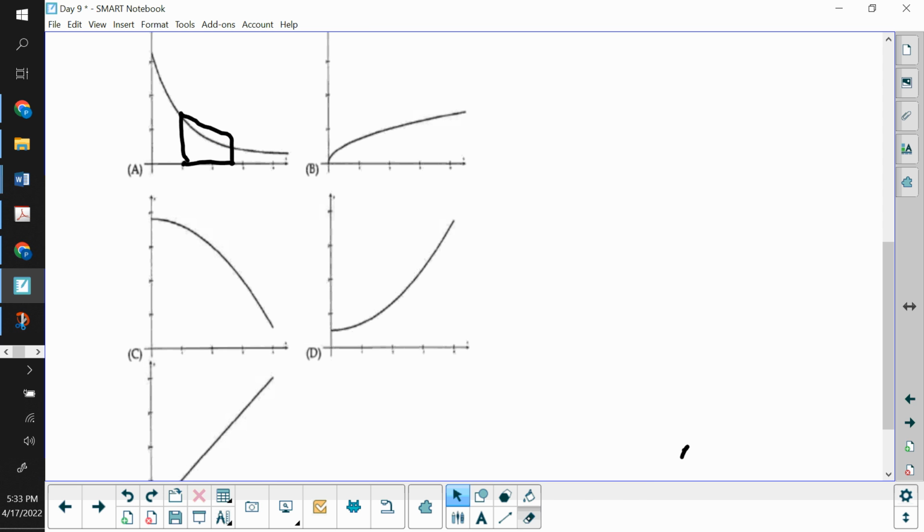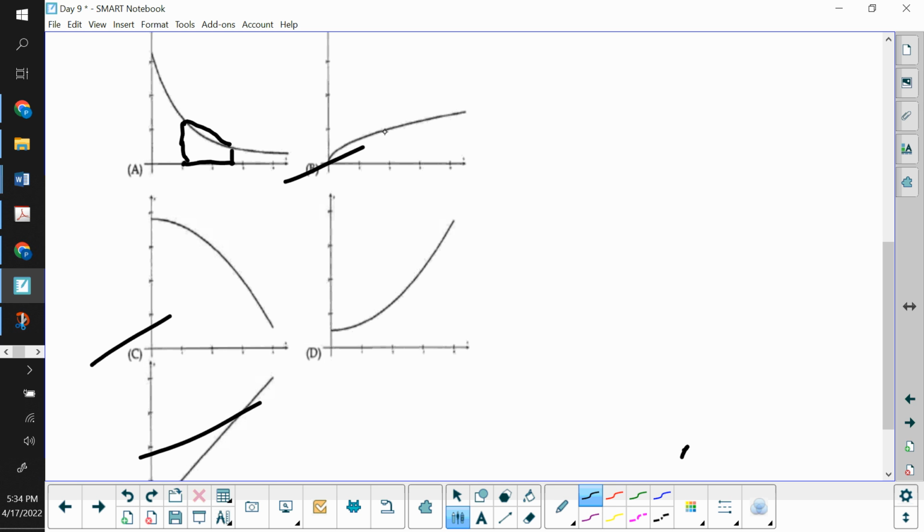I didn't draw my trapezoid very well. When we connect the points, there would be an over approximation. So we want any, and I think I might have said concave down a second ago, but we want concave up. So any of the ones that are not concave up can be ruled out.